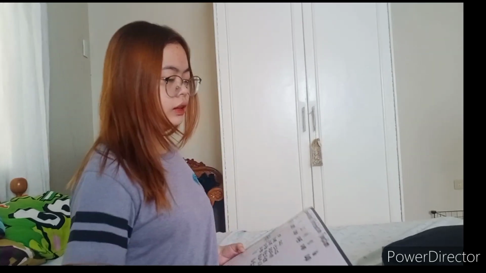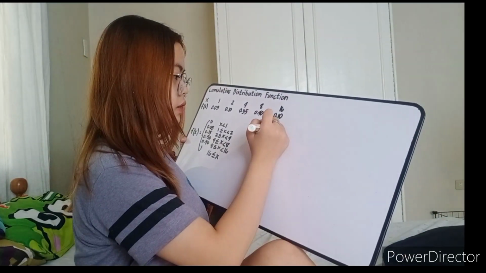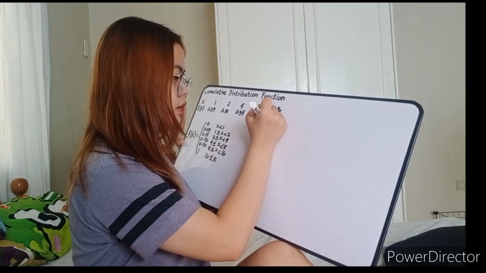Para mag-graph yung ating nakuhang cumulative distribution function, ang gagamitin natin is yung nakuha nating probability. Let's say, ang ating y-axis, ito ang ating F of x.